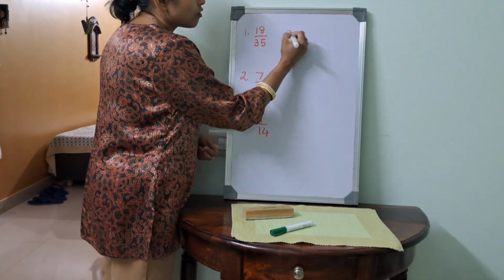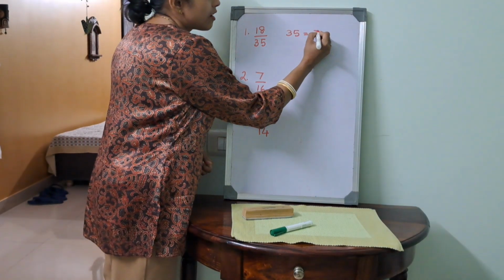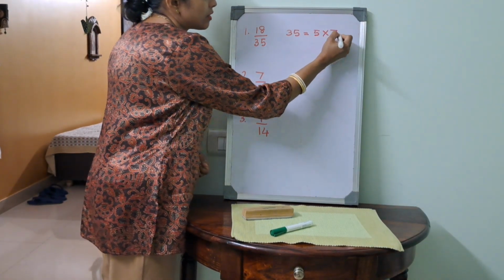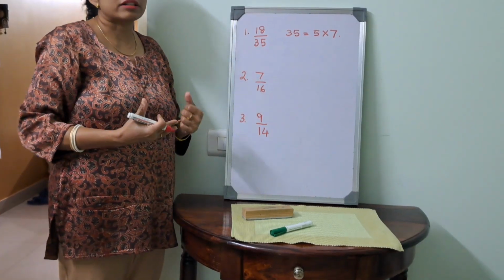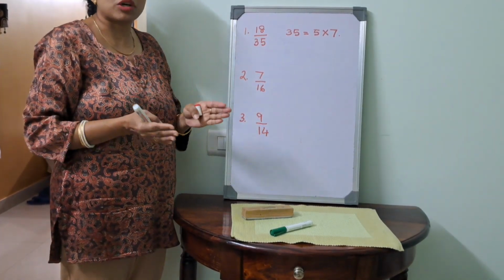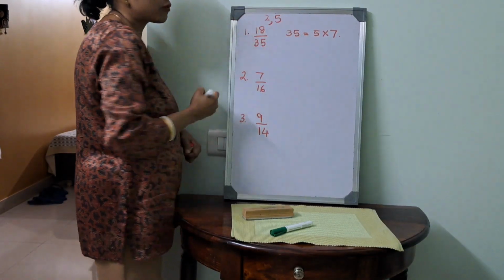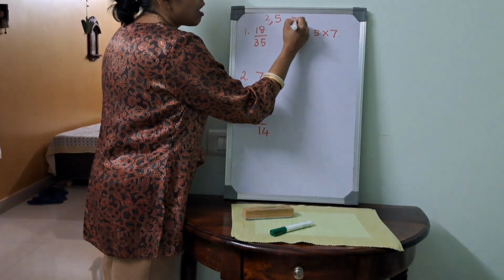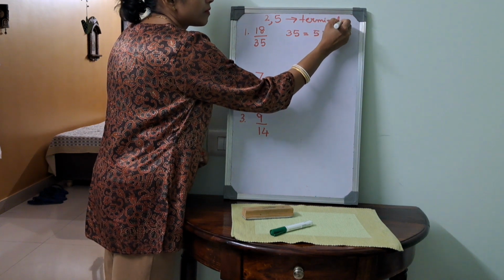What are the factors of 35? 5 and 7. So whenever the denominator has factors only in terms of 2 and 5, they are all terminating decimals.